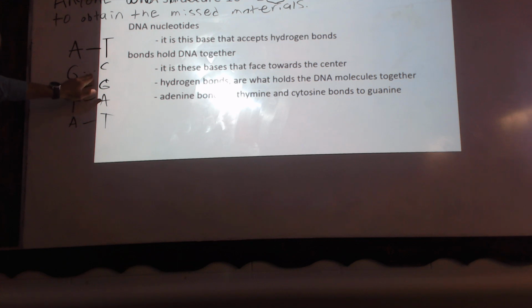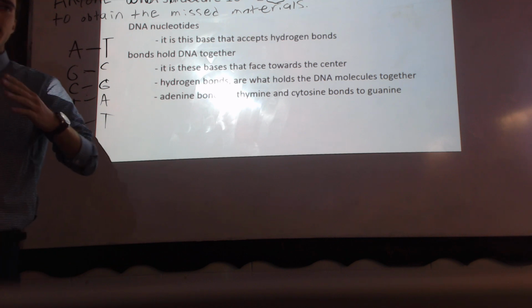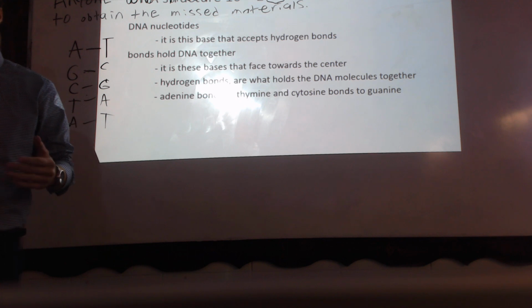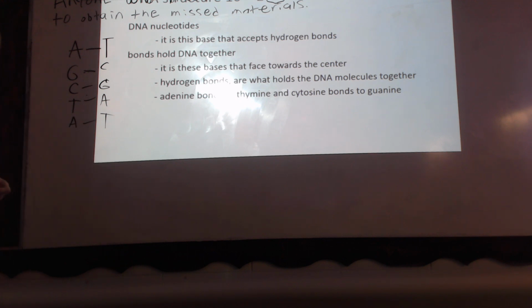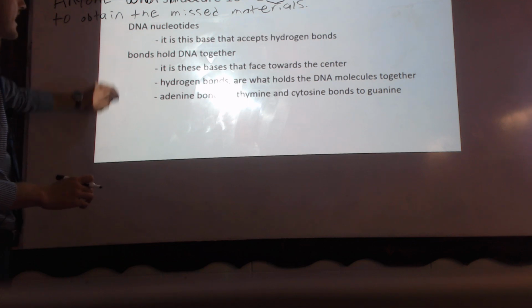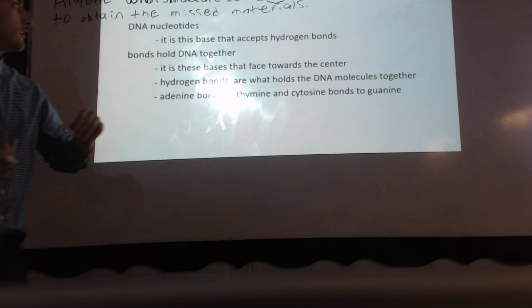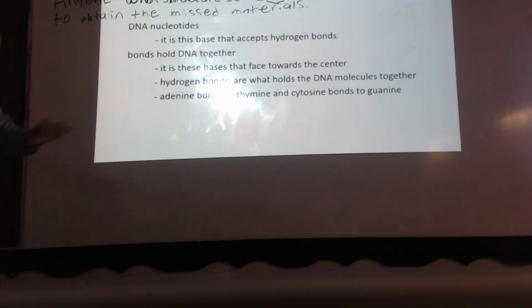They'll break and then come back together, kind of like it's fluid almost, where they're breaking and coming back together. They're weak, but together they're strong. Teamwork makes the dream work. That's the main thing about the hydrogen bonds that I know. The bonds hold the DNA together.